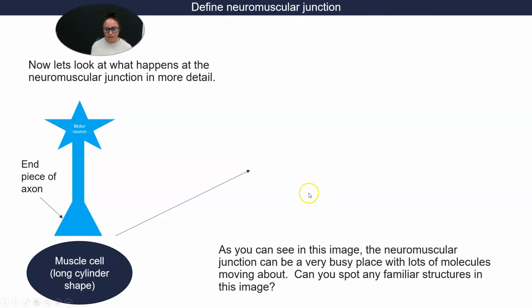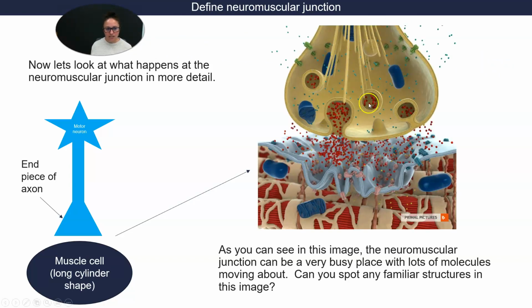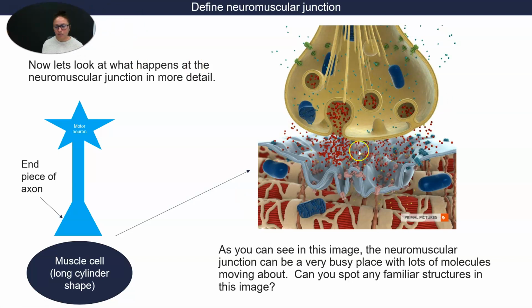Here we go. The neuromuscular junction can be a very busy place, just like any junction is. Okay. Now what I want you to do is spot some things that you can actually recognize in this picture. I'm sure that you could recognize a few bits and pieces. For example, what does that look like?